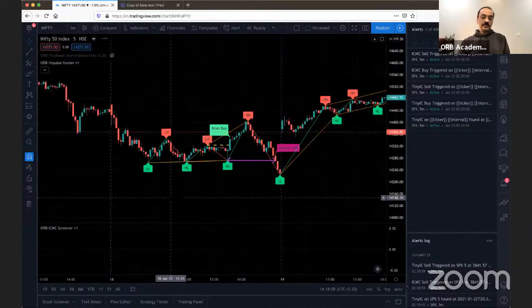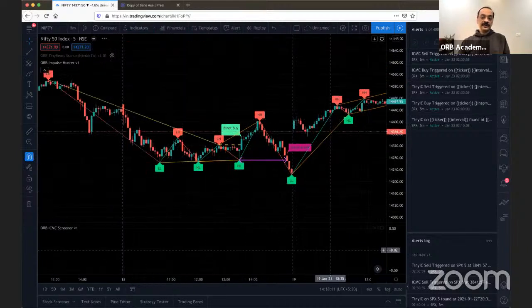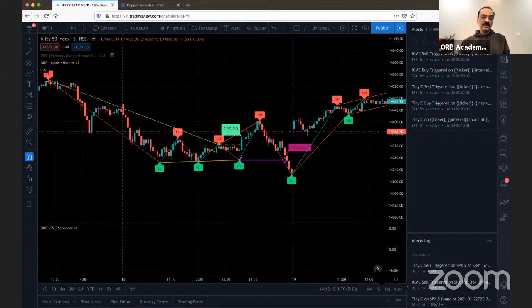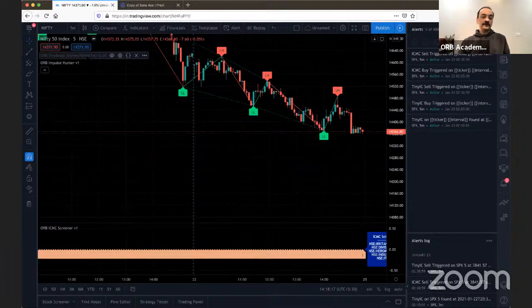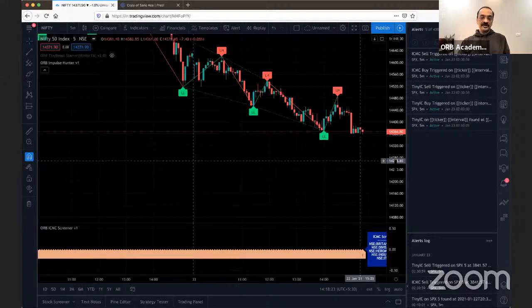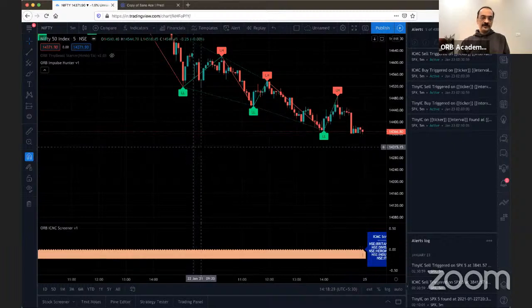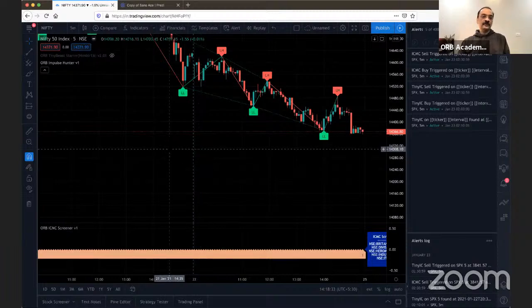At times it becomes difficult to find where they are because it has to fulfill the exact condition. That is why I like this so much, because random calls disappear with the impulse hunter. Even in stocks which are sideways, it will wait for the direction to change, and only then will it give you the call in that direction.